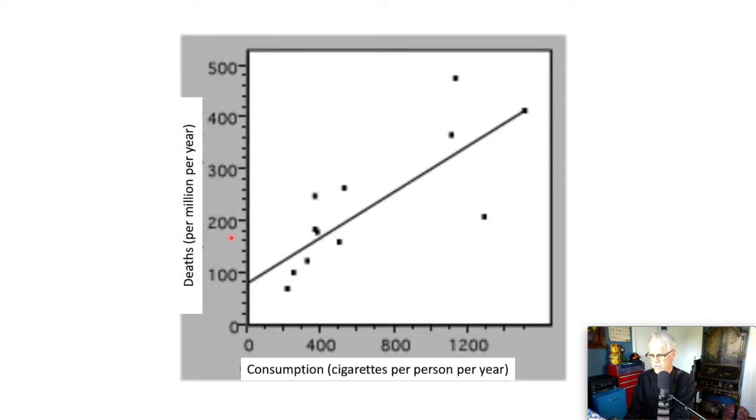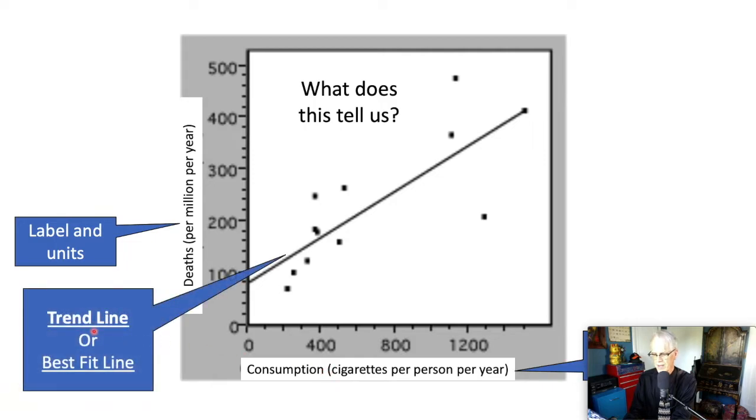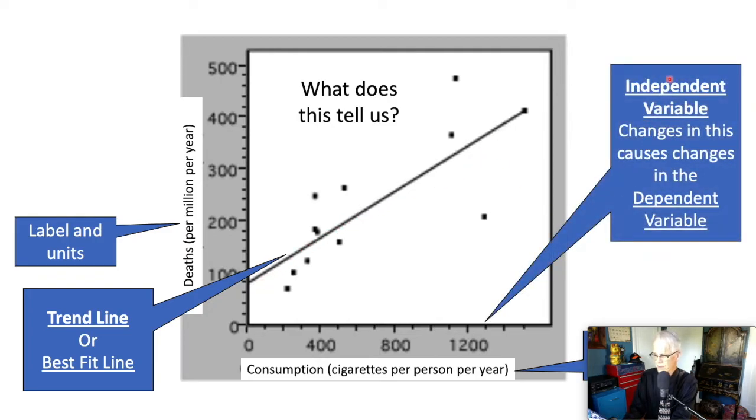Let's make some improvements on this and see if we can now tell the story. So what does this tell us? Well, first, we're putting labels and units on both axes. It has a trend line or a best fit line, so we can tell what the trend is. We've put the independent variable on the horizontal axis.